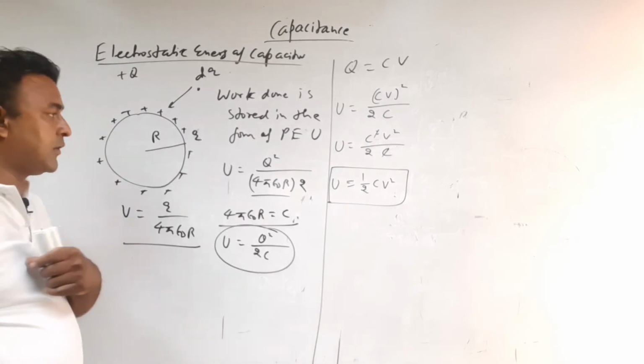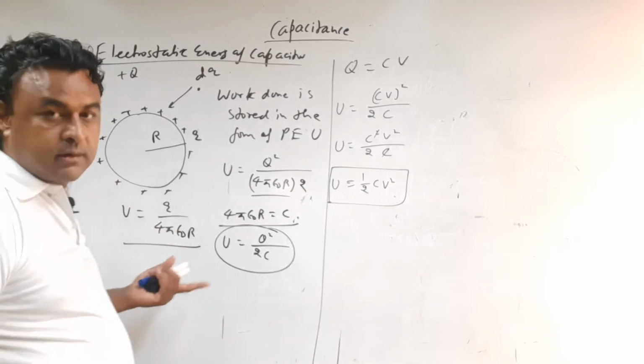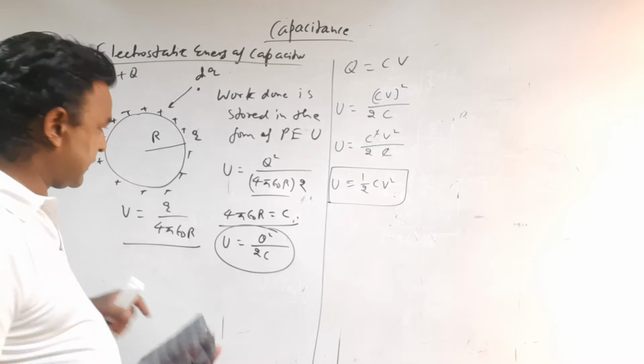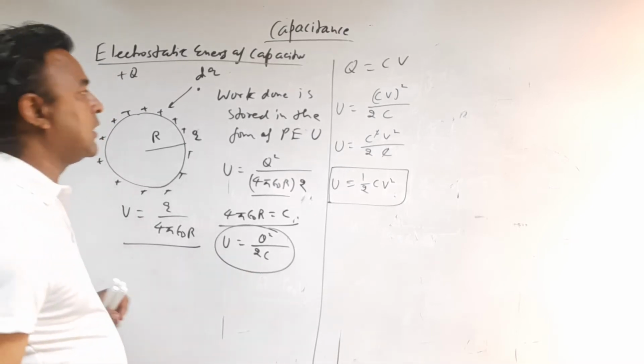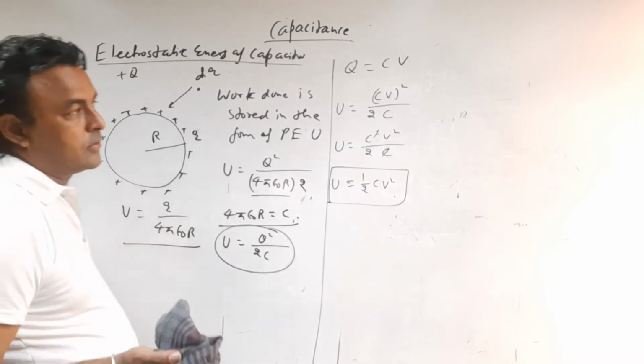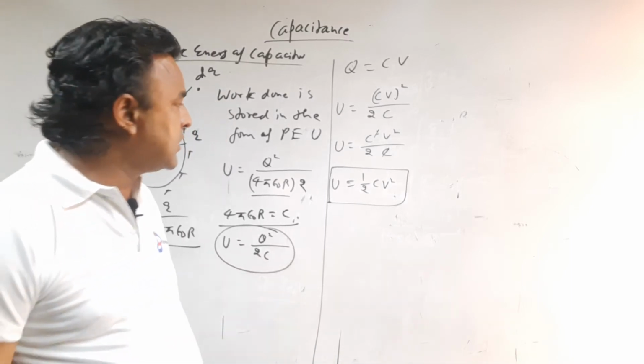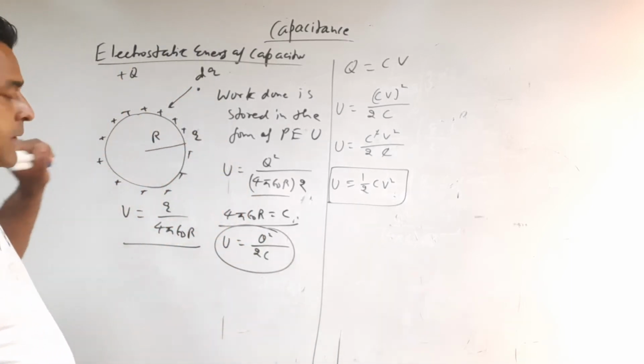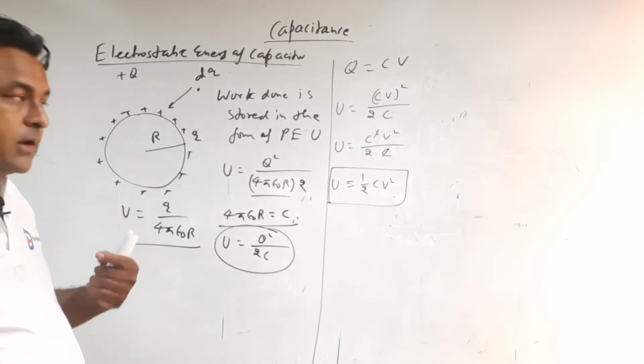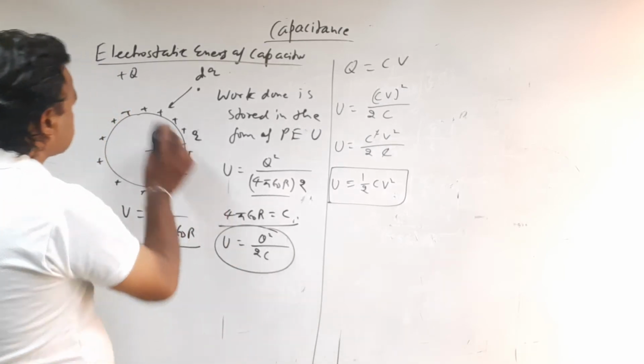We can calculate the same energy formula for other capacitors also. For example, I take a parallel plate capacitor. So you will be clear that this formula is not only for this spherical capacitor, it is applicable to other capacitors also.